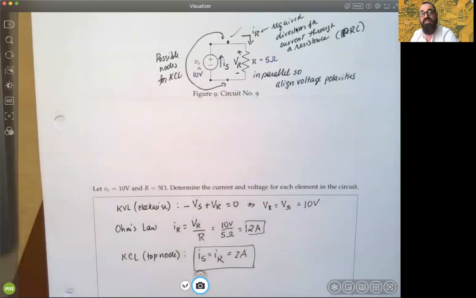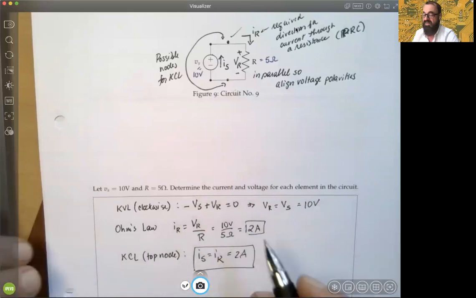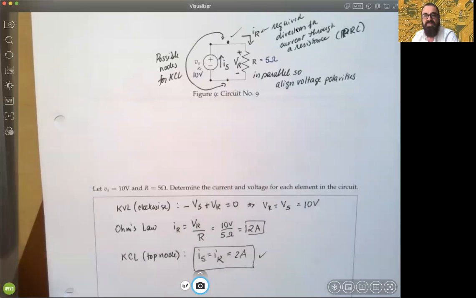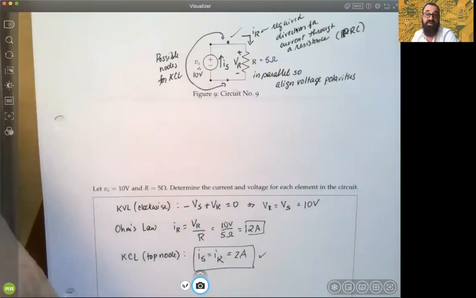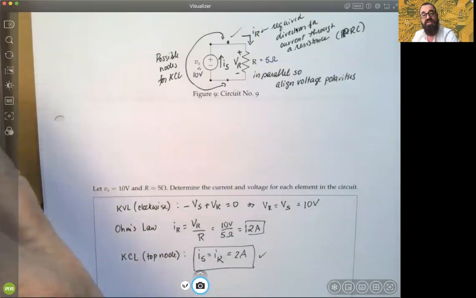If they're both in series, then there can only be one current flowing. In fact, it's 2 amps. Okay, let me say it again. We know the parallel units should be sharing voltage, and we know that elements in series share current. This very simple example has both of those scenarios. So that's why the voltages turn out to be the same and the currents turn out to be the same.